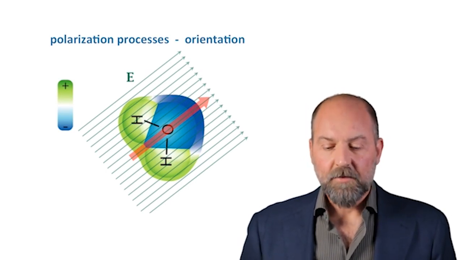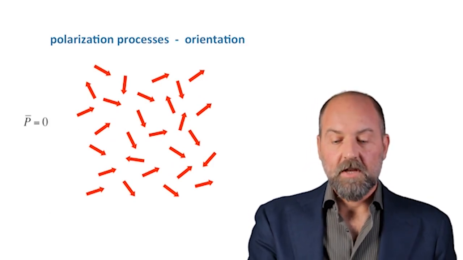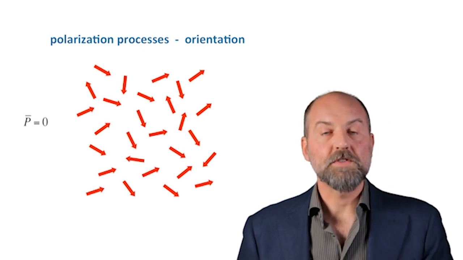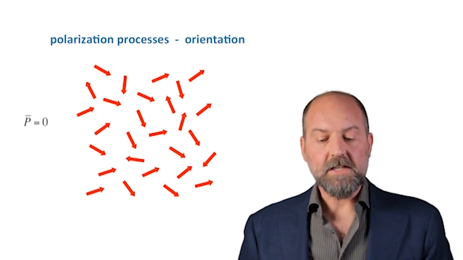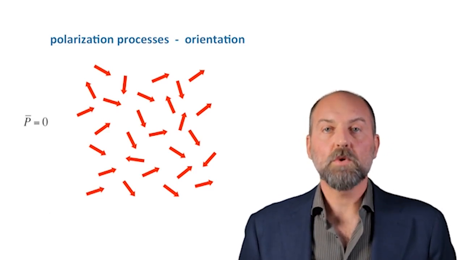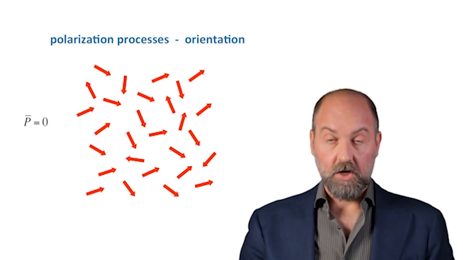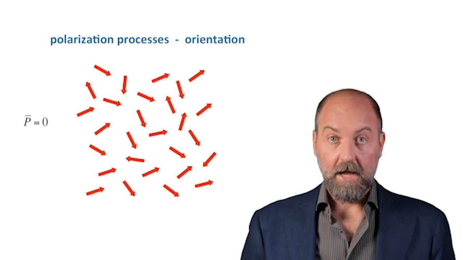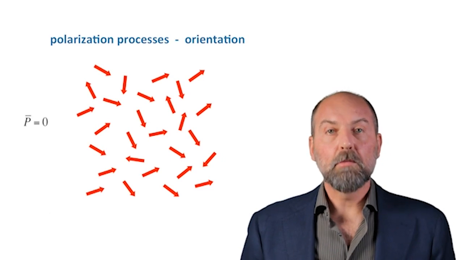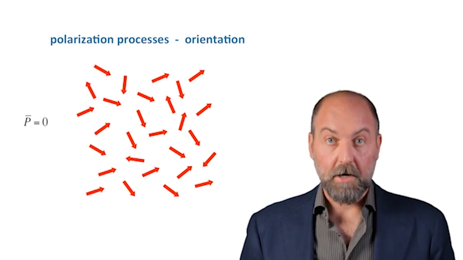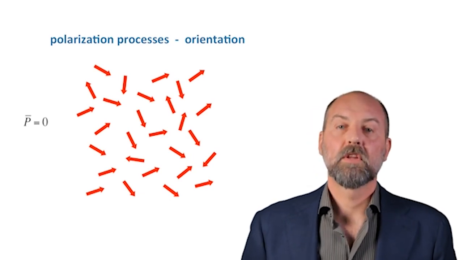So we have seen the behavior of one molecule. Let's consider now a group of water molecules, which I have symbolized here with arrows. Each molecule is represented by an arrow, which is its dipole moment. Although an individual water molecule displays a dipole moment, if we take a group of molecules, and those molecules are oriented at random, the average dipole moment is 0, as indicated here.